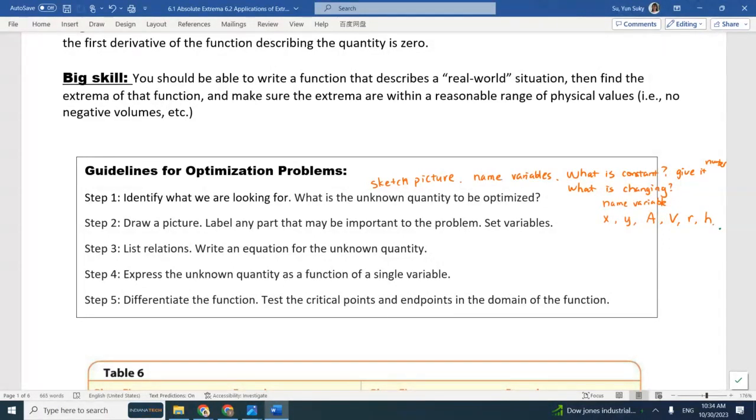And step 3, list the relations. We want to write an equation for the unknown quantity, and express the unknown quantity as a function of a single variable.